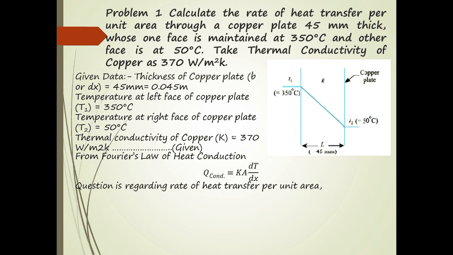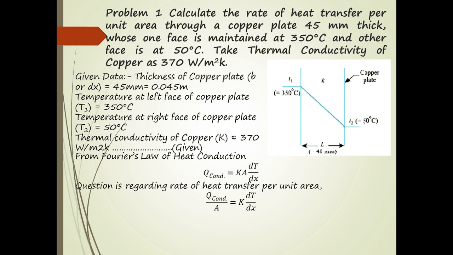Therefore, we will shift this A to left hand side. So rewriting this equation, we get Q conduction upon area, which is 1 meter square, is equal to K dT upon dx. Now if the question was asked like this, calculate the rate of heat transfer through a copper plate, here the equation first has to be considered, because area must be multiplied, that is Q conduction is equal to KA dT upon dx.